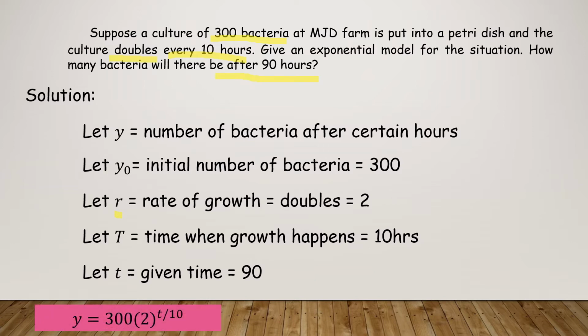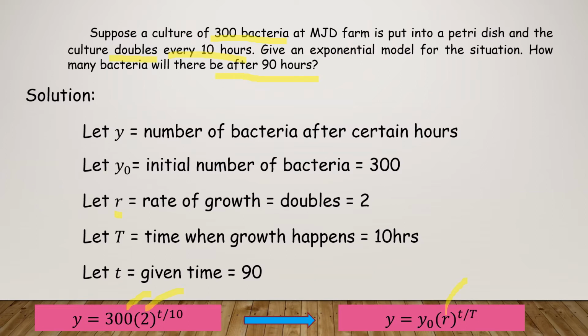So, yung nakuha natin kanina, na y is equal to 300 times 2 raised to t over 10, can be equal to y is equal to y sub 0. Ito yung ating initial. Yung double natin, that is our rate.